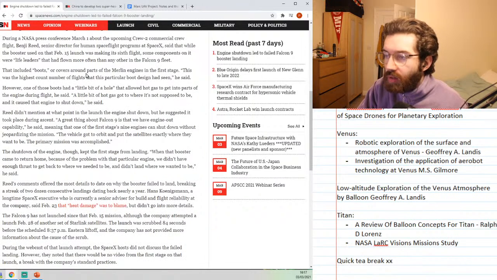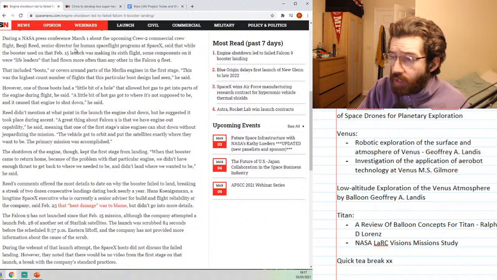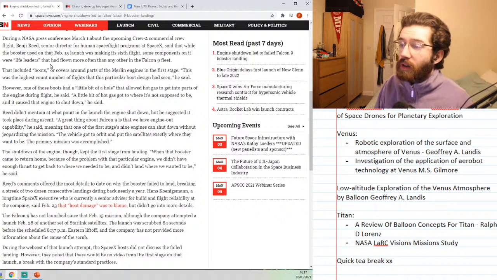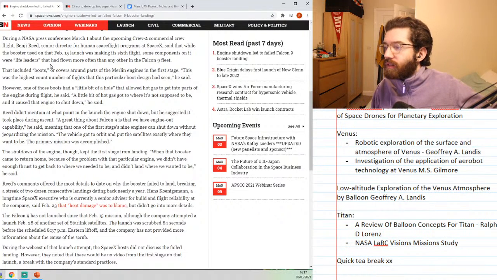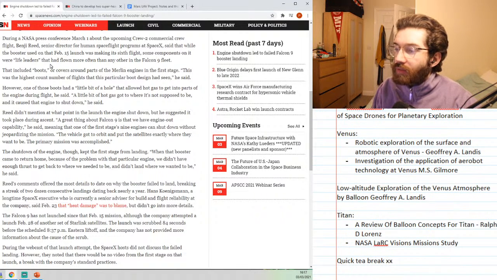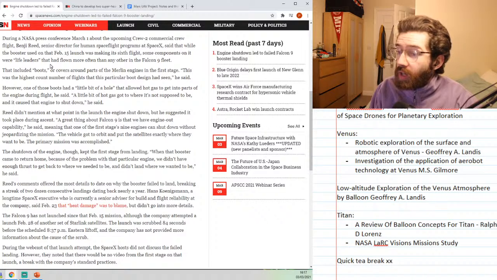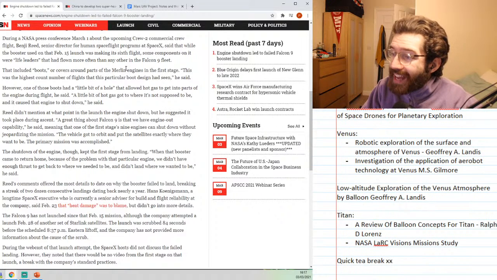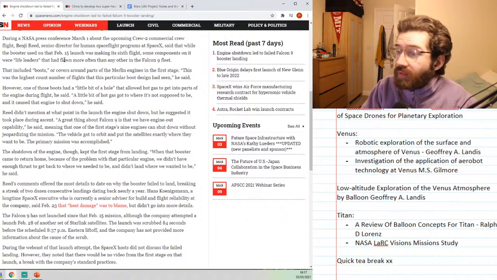During a NASA press conference March 1st about the upcoming Crew 2 commercial crew flight, Benji Reed, the Senior Director of Human Spaceflight Programs at SpaceX, said that while the booster used on that February 15 launch was making its sixth flight, some components on it were life leaders that had flown more often than any other in the Falcon 9 fleet. So those parts had experience.